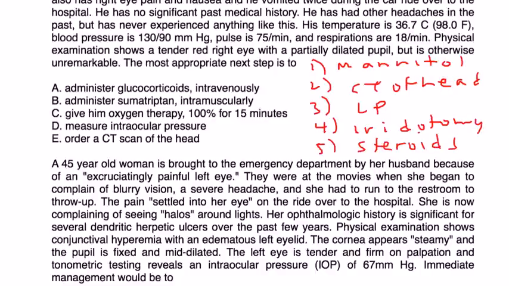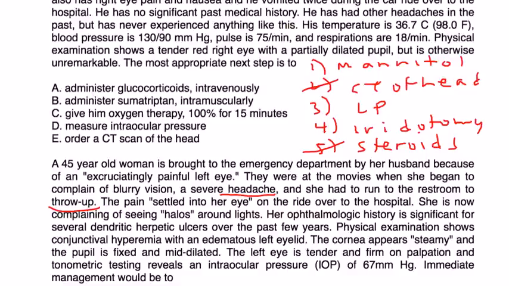Okay. Well, like I said, nothing in our presentation talked anything about steroids, so that's out. CT of the head, again, because the patient had headache and vomiting, that is a relatively good answer choice, but it's not the next step because CTs are expensive, so probably not that. Lumbar puncture, there's nothing in the clinical vignette to suggest that she needs that.